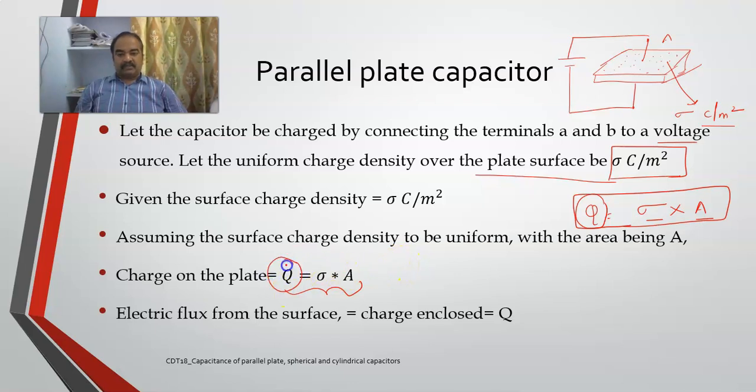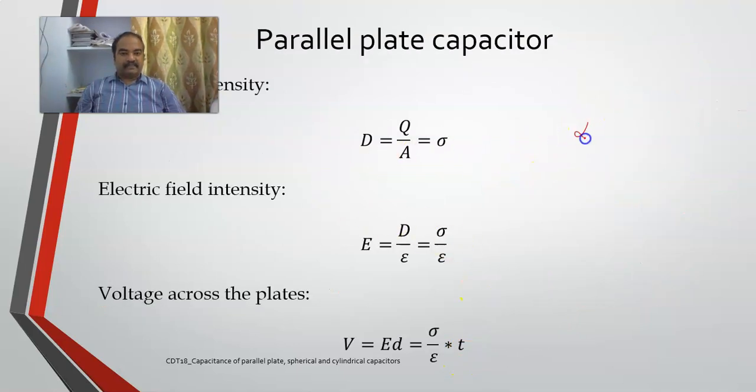If this is the charge, you know the electric flux coming out of the surface is always equal to the amount of charge, which is sigma A. Now, you know the electric flux density: the flux is Q and the surface area is A, which is again equal to the surface charge density.